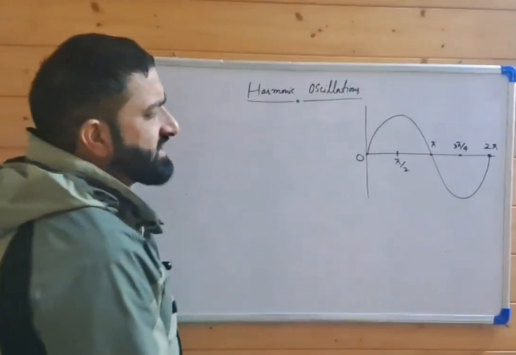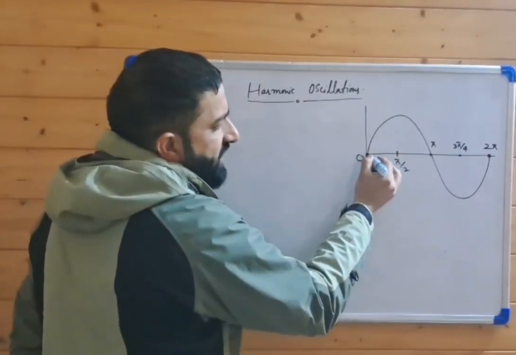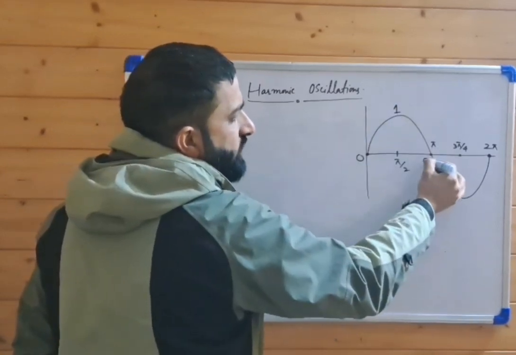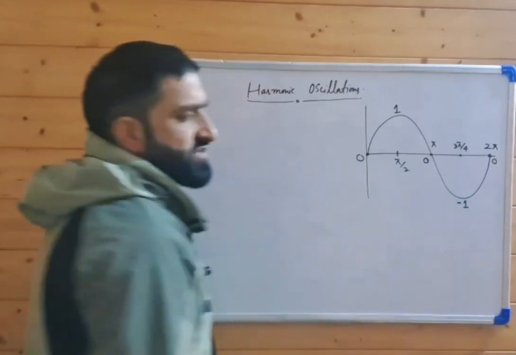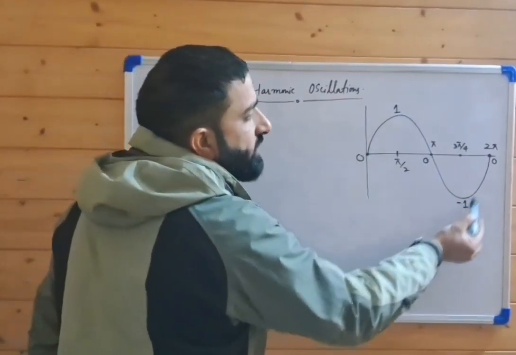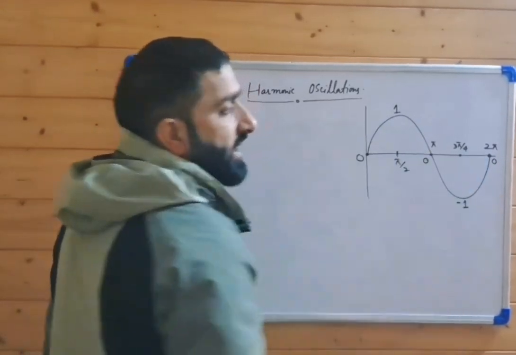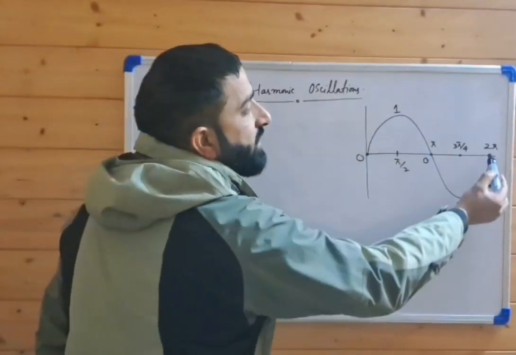If this is the time and this is the displacement, here the value is 0, here the value is 1, here 0, here minus 1, here 0. So it goes from 0 to 1 to 0 to minus 1 to 0. That means it repeats itself after a fixed interval of time or after an angle of 2 pi.